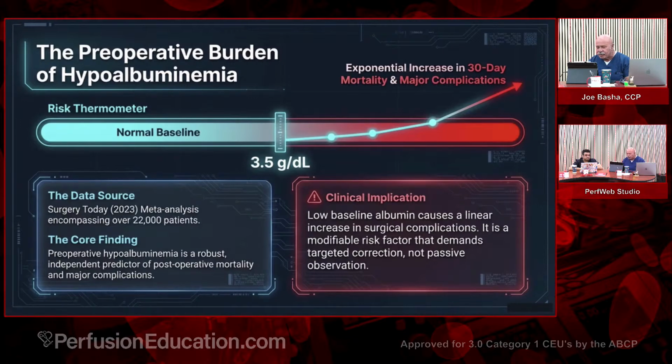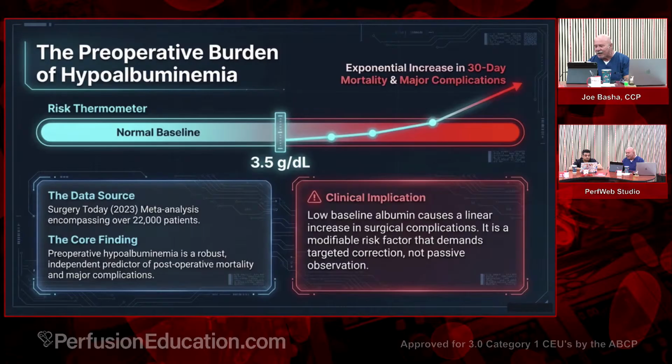In a Surgery Today journal meta-analysis encompassing 22,000 patients, preoperative hypoalbuminemia is a robust, independent predictor of postoperative mortality and major complications. So this isn't just my opinion. This is published data. The clinical implication is that low baseline albumin causes a linear increase in surgical complications.